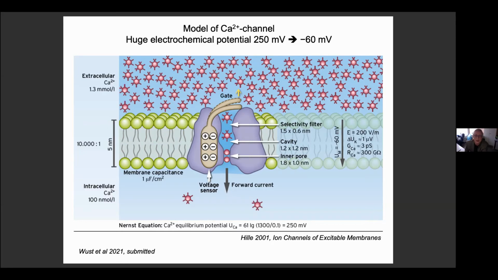If the channel opens, there is a strong influx of calcium from outside into the cell. As you know, the calcium concentration inside the cell is in the range of 100 nanomole per liter, which is a very small concentration, and the concentration gradient is 10,000 to 1.